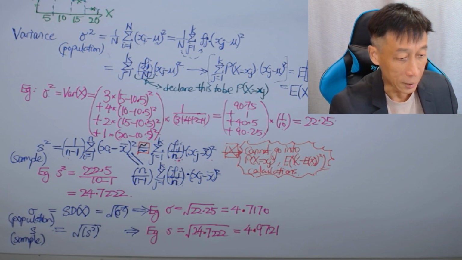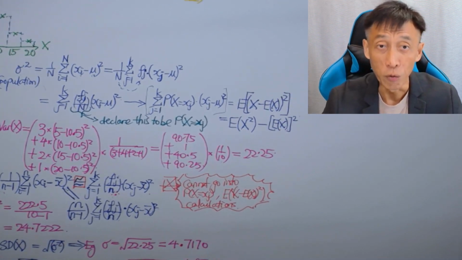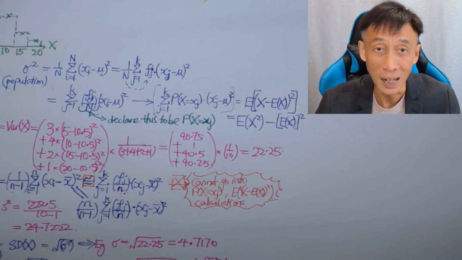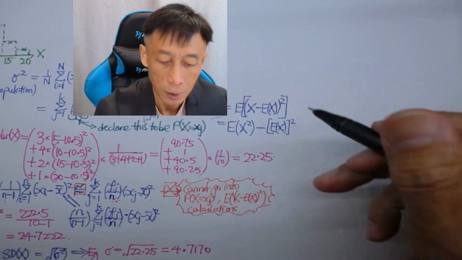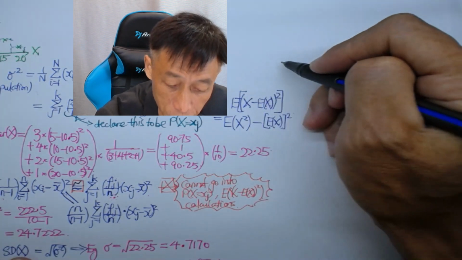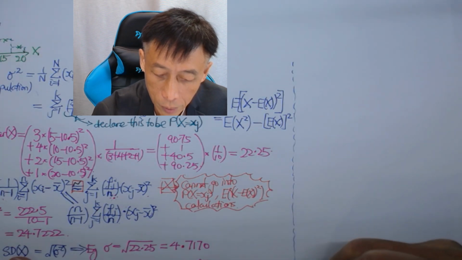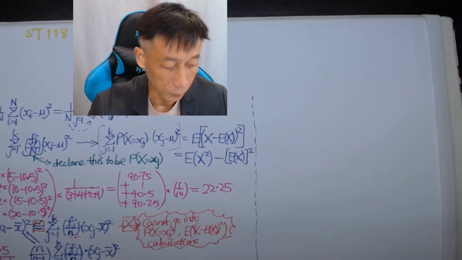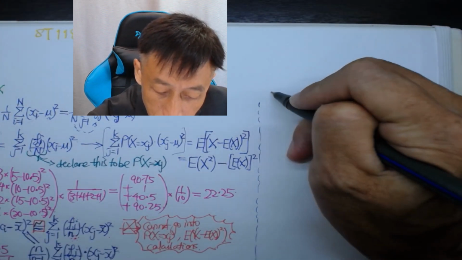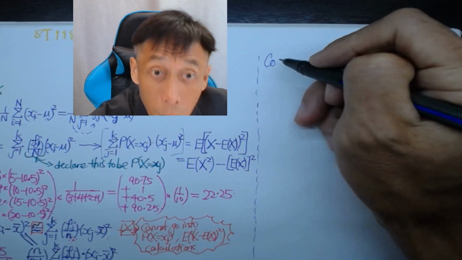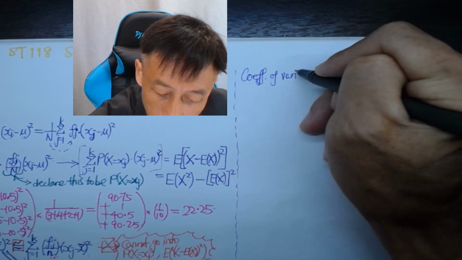Okay, nice. So that takes care of dispersion. Now, another very convenient, very nice and powerful and useful concept is the idea of the coefficient of variation, called the CV.